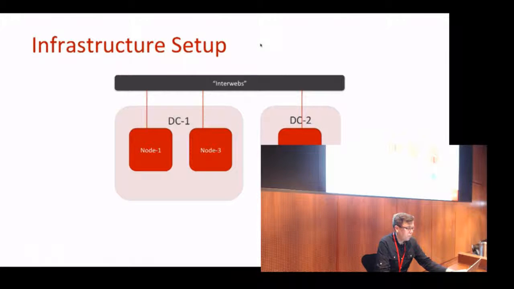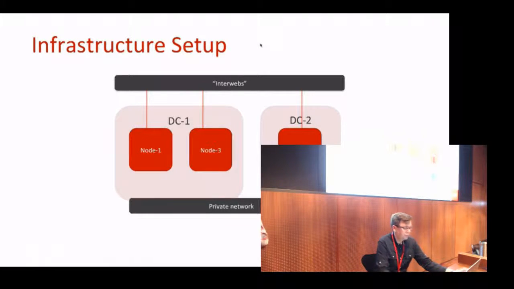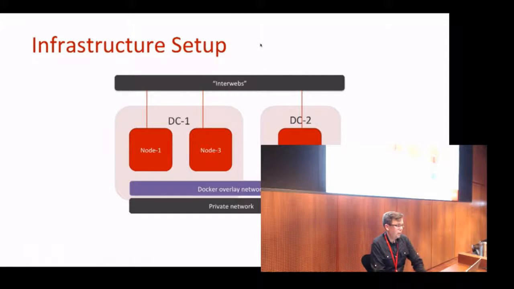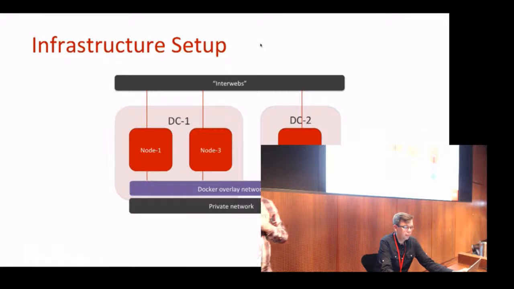We're going to slap a private networking across the data centers, and also we're going to create a Docker overlay networking, which makes things really easy to put in the containers. And we are going to do that in one command, believe it or not.